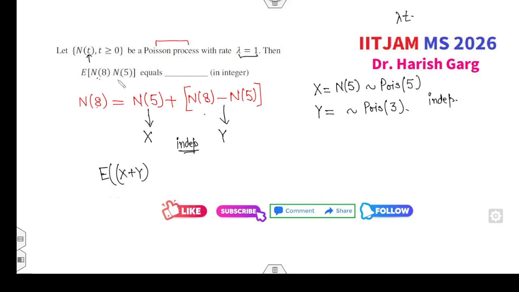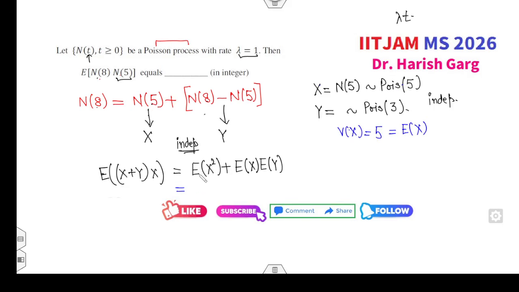into N of 5. N of 5 को मैंने x लिया है. फाइन, इसको ओपन कर दो ब्रैकेट को, क्या हो गया? E of x square plus E of xy. Because x and y are independent, I can write it as E of x into E of y. So how can you find the E of x square? What is the variance of x? For the Poisson distribution, variance and mean both are the same.